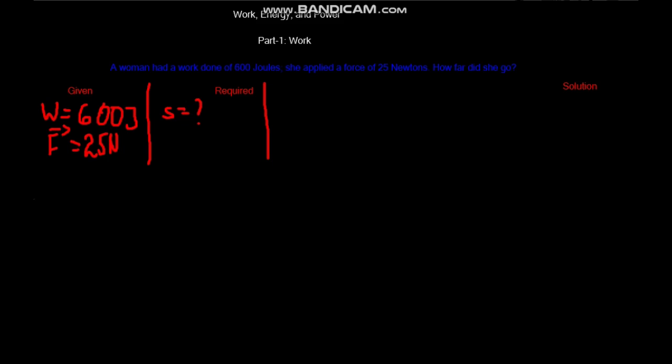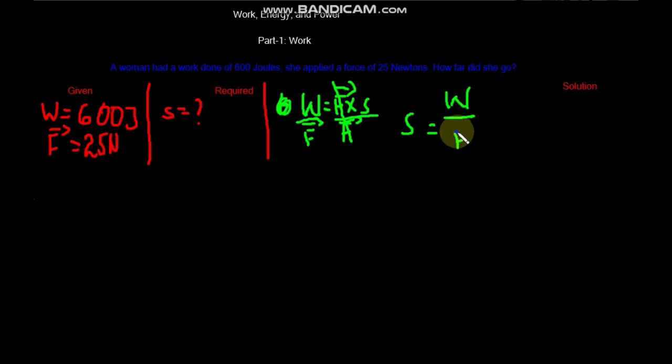So the formula is W is equal to F times S. But we don't have the distance here, so we just have to rearrange. I can divide both sides by force. And then these cancel out, so we can easily know that the distance is equal to the work over the force.